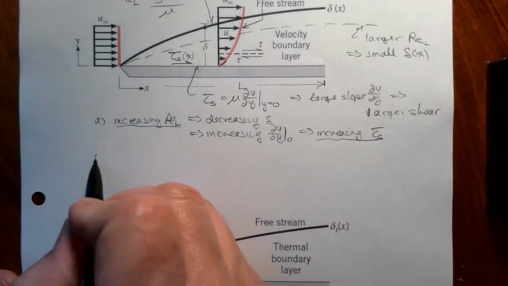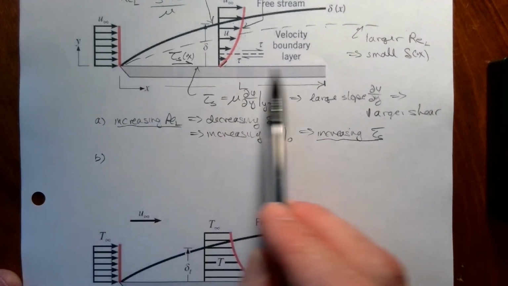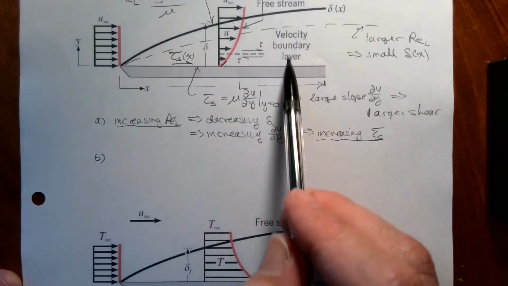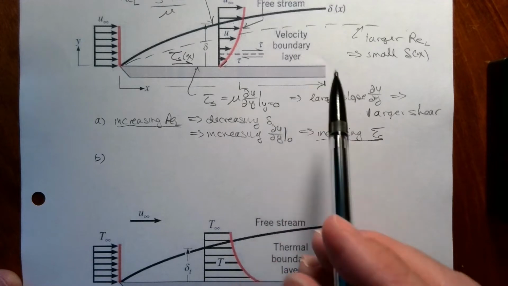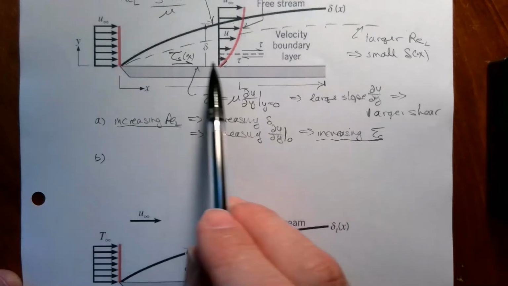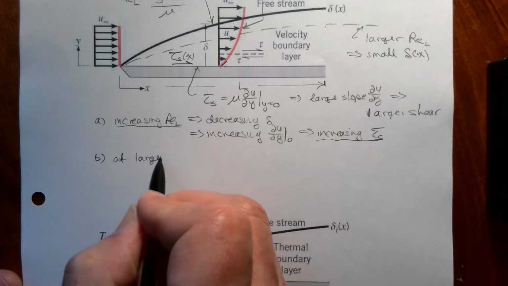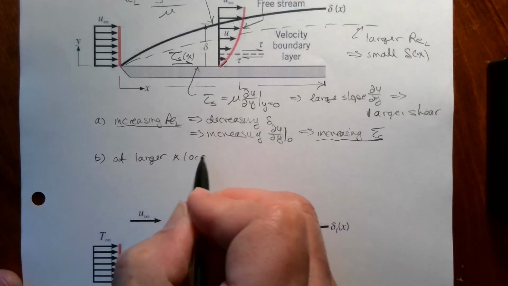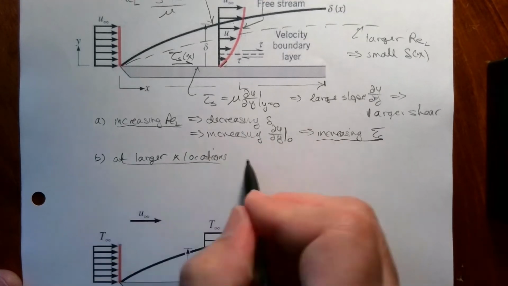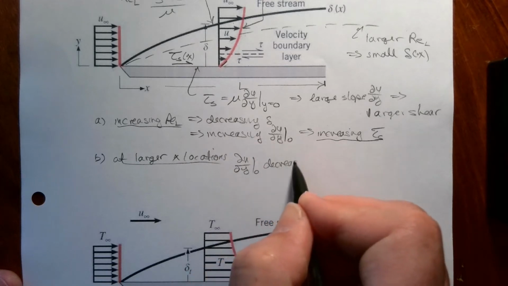Another observation I want to make from this is if we consider the variation in the x direction. Right, as we increase in the x direction, the boundary layer increases, so therefore that gradient is decreasing as you move in the x direction. So this shear stress then should be decreasing as you move in the x direction. So at larger x locations, partial of U with respect to y at 0 is decreasing.